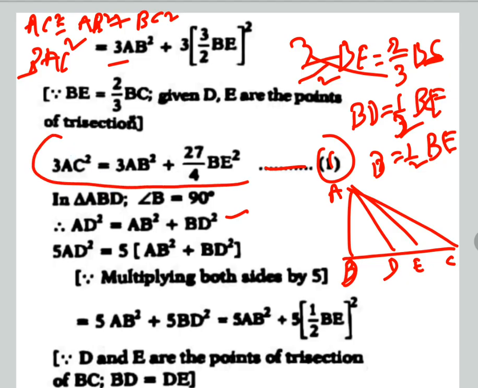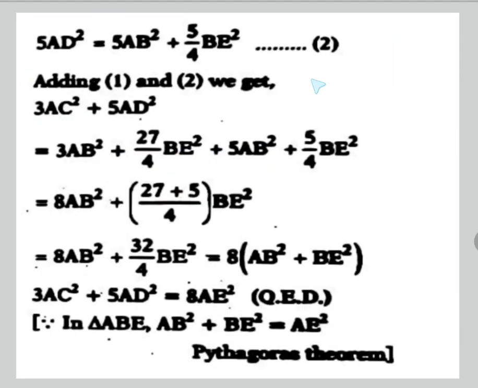First one is 3 AC square is equal to 3 AB square plus 27 by 4 BE square.